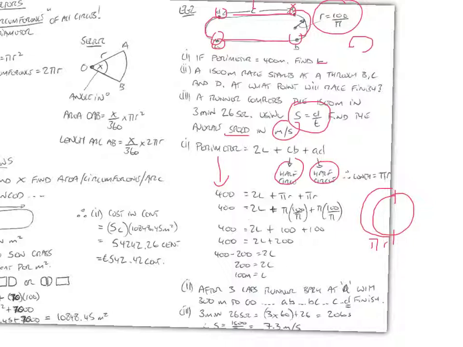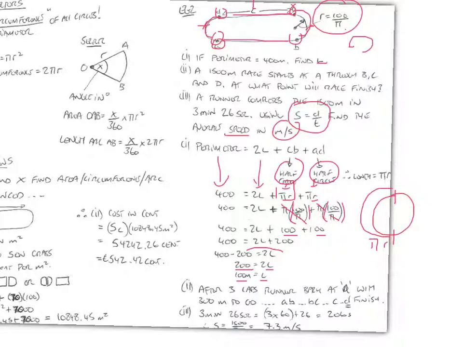So if we plug in our values here, we see that 400 is equal to 2L plus pi r for the one half circle, plus pi r for the other half circle. And so 400 equals 2L plus 2 pi r, and we know that r is 100 over pi, so we simply plug that in. 400 is equal to 2L, well, this pi and this pi cancel, plus 100 plus 100. 400 is 2L plus 200, so we bring over our 200 to this side, it becomes minus 200, so we get 400 minus 200, which is 200, is equal to 2L. L must be equal to 100.